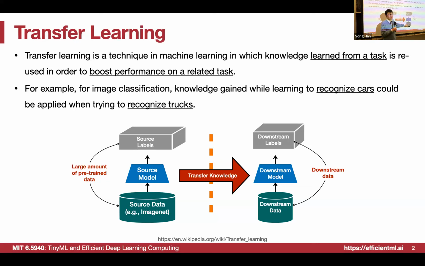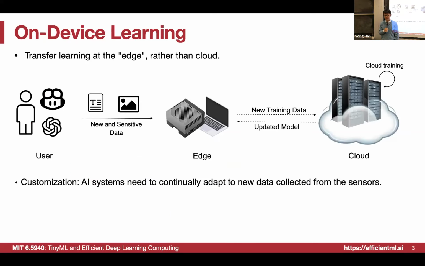So given a new task, we call it the downstream task, and then using the downstream data, we can predict the downstream label, okay, by reusing the model and doing fine-tuning on top of it. For example, a model used to be able to learn to recognize different kinds of cars. Now we want to apply it to recognize different kinds of trucks. As an example of transfer learning.